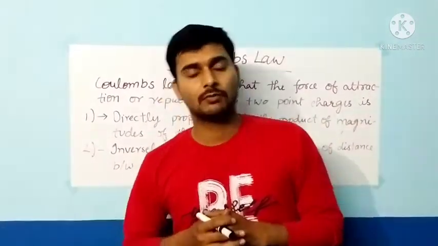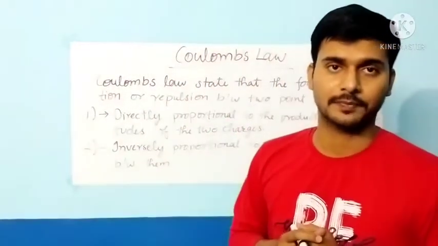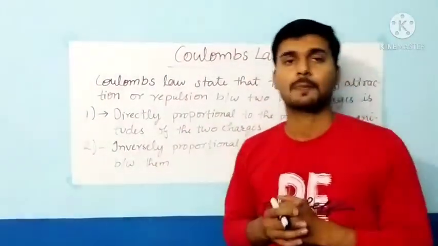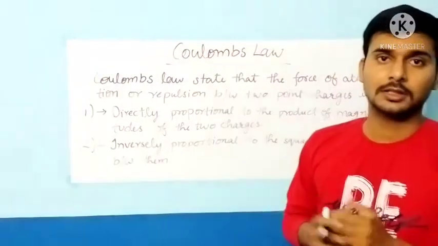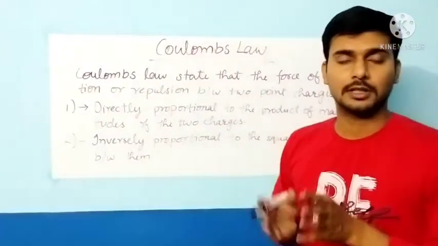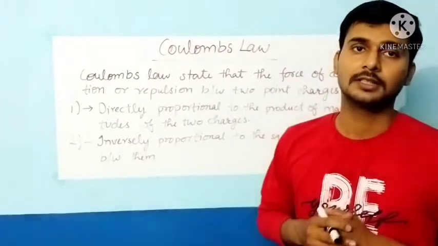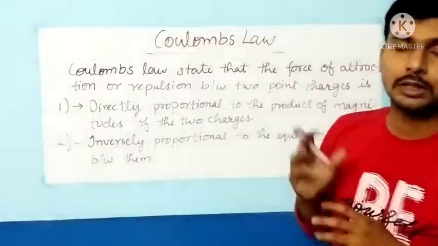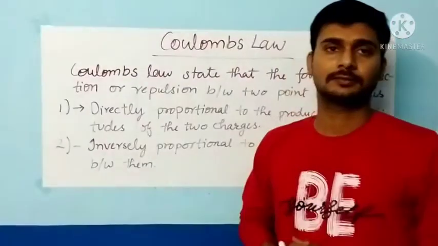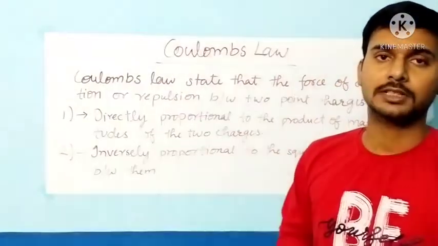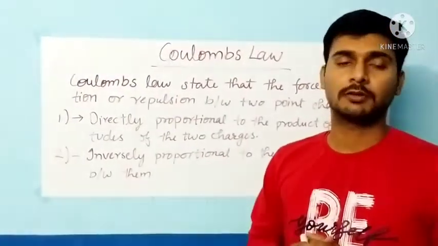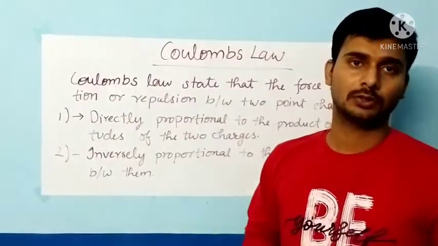So, what does the law say? According to Coulomb's law, the attractive or repulsive force between two point charges is directly proportional to the product of the two charges and is inversely proportional to the square of the distance between the two charges.